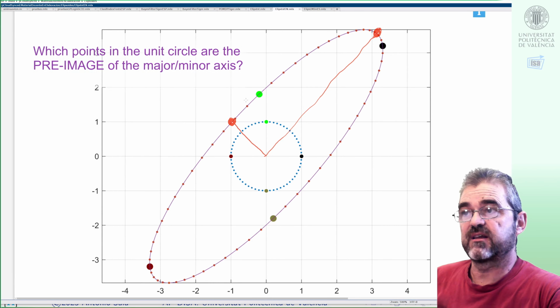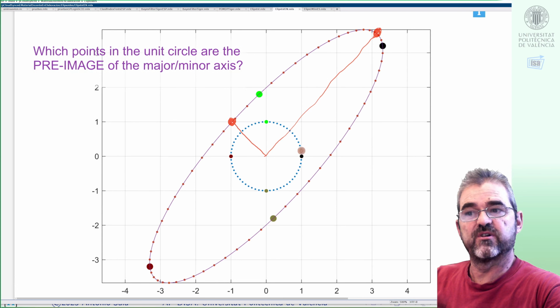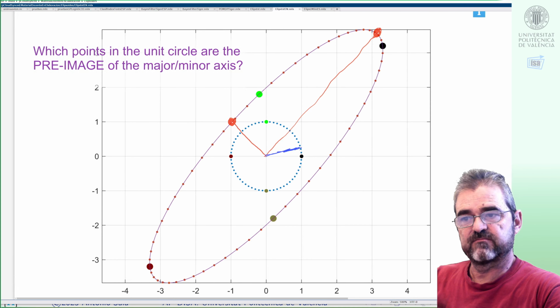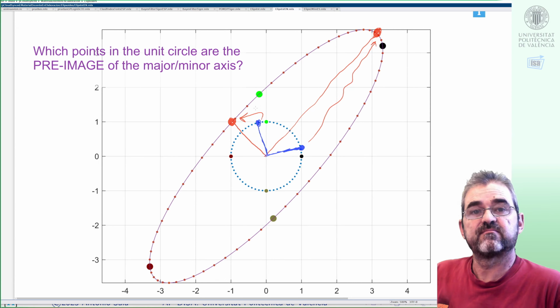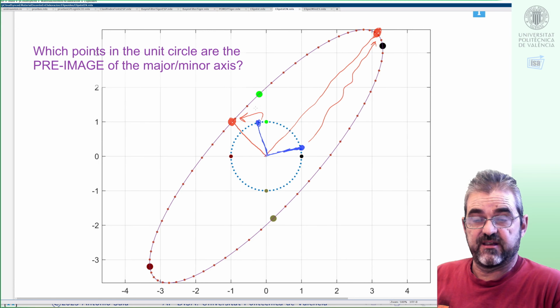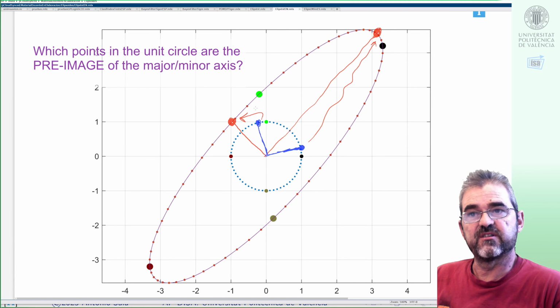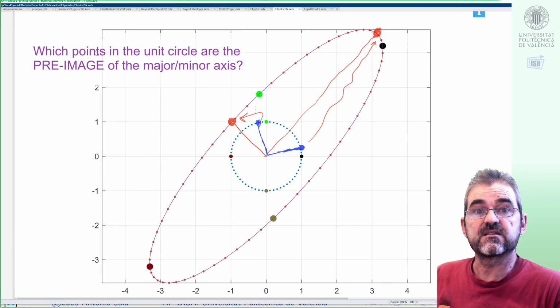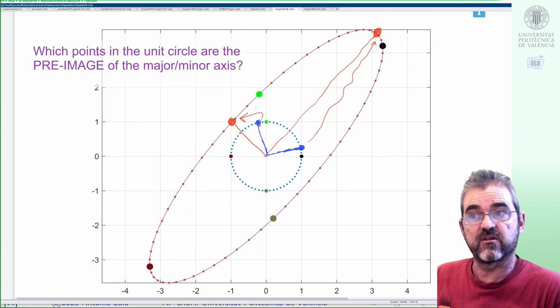Well, okay, a couple of blue points later on, this one will map to that one, and again a couple of points later this one would map to that. But is there any formal way of computing the blue points in the unit sphere and the red points in the resulting ellipse? Yes, there is, and it's called singular value decomposition.